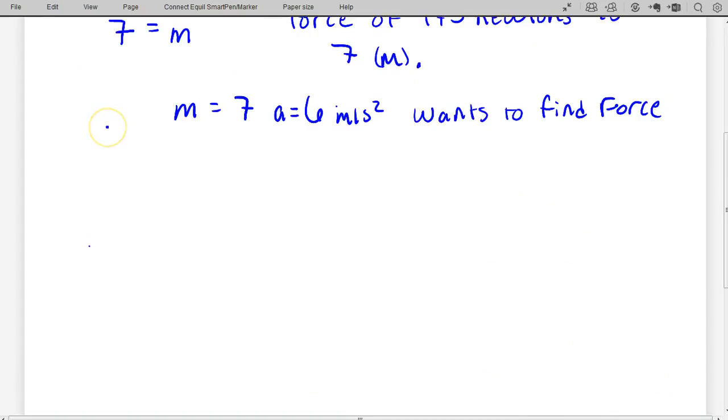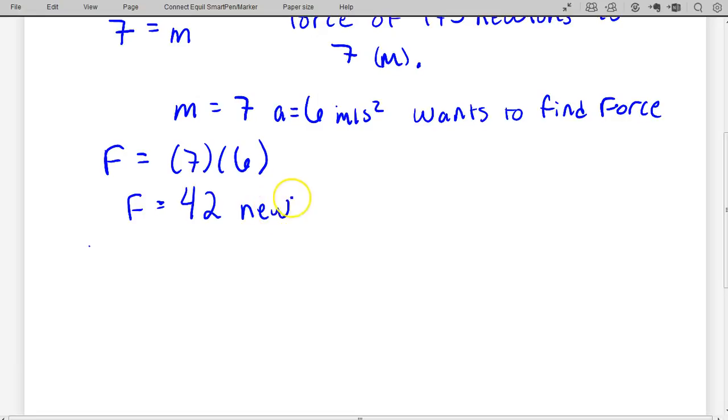So we have our force is equal to our mass times acceleration. And this is a lot easier. We don't have to do any manipulation. We just have 7 times 6. So our force in this case is 42 newtons. In a complete sentence, it would be: if an object has a mass of 7 and an acceleration of 6 meters per second squared, then the force would be 42 newtons.